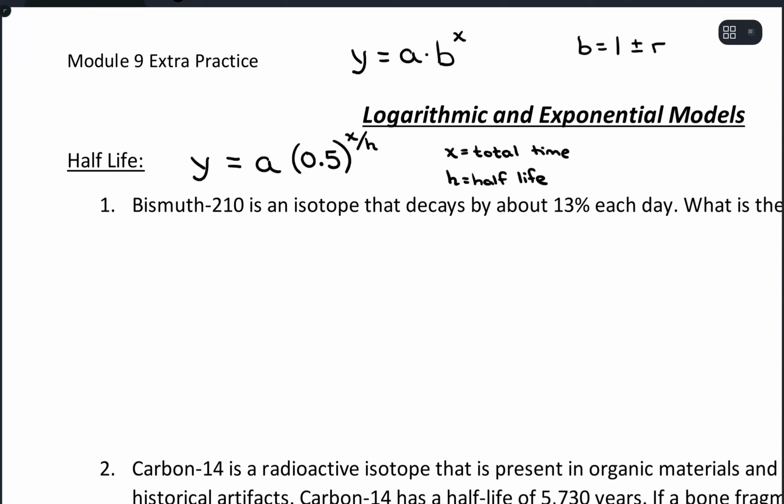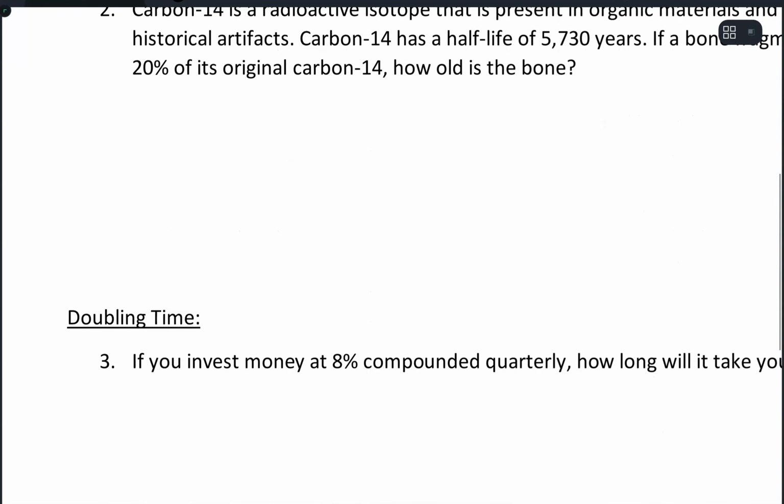So half-life is the amount of time it takes to reach half of our original amount. So if we started with 100 grams of something, it's how long it takes to decay to 50 grams. So it's how long it takes to end up with half of what we started with. And as you imagine, doubling time would be if we are doubling it. How long does it take to double it?